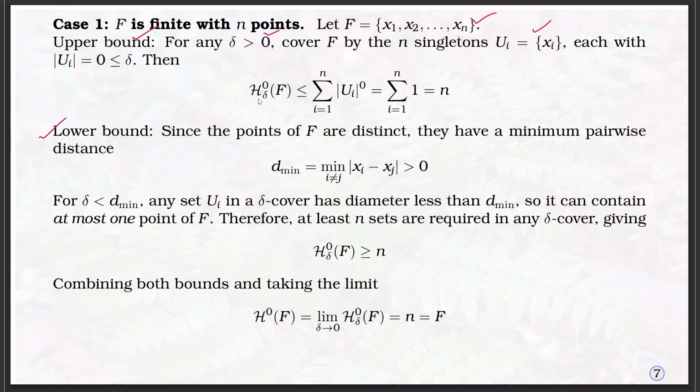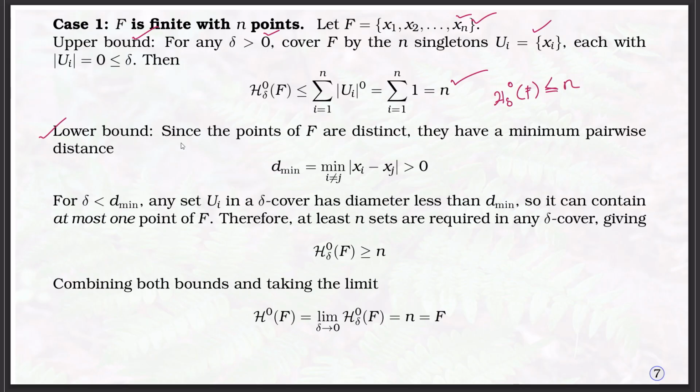Therefore H delta 0 of F, where we take the infimum, is less than or equal to the sum of mu I to the power 0, for I equal to 1 to n, because we have n elements. Each term is 1, so it gives the number n. So the upper bound is n. That means H delta 0 of F, if F is a finite set, is less than or equal to n.